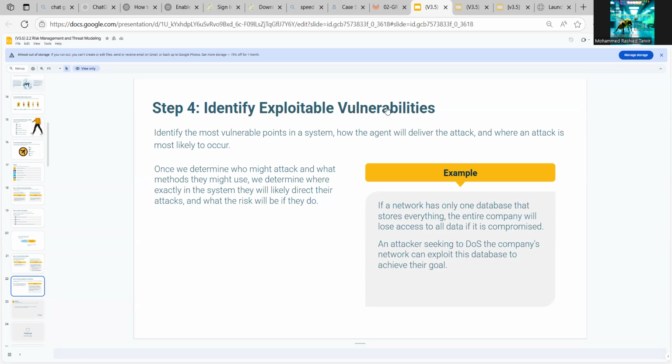Second, identify threat agent: who is the threat? Third, identify potential attack: how do threat actors attack you? And identify exploitable vulnerabilities: which website or which server, and how to exploit the vulnerabilities.